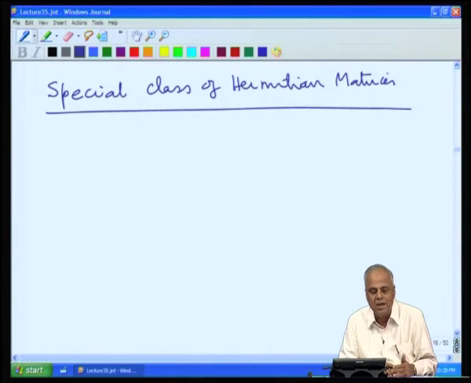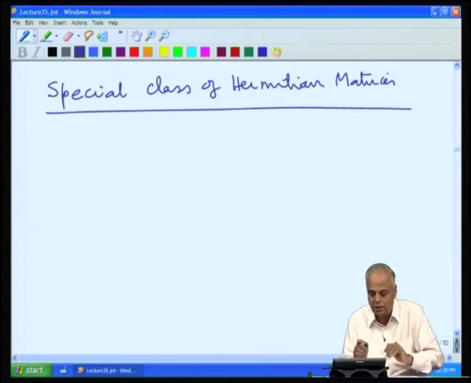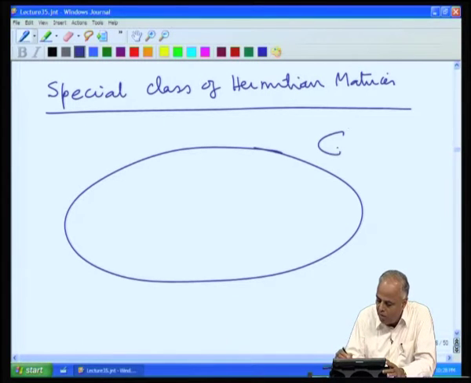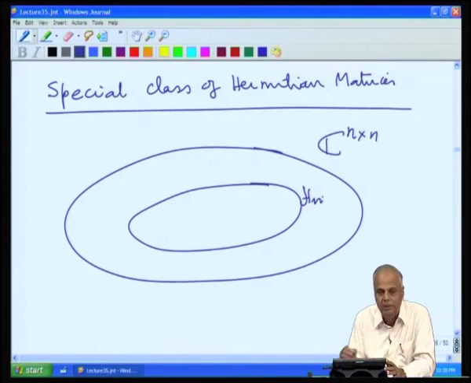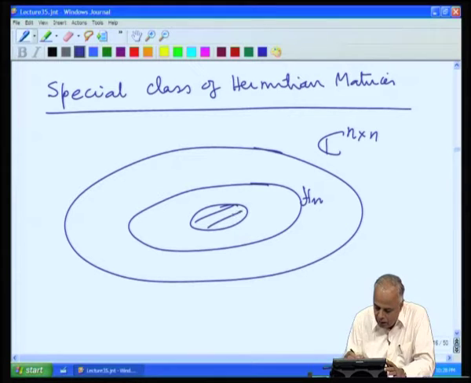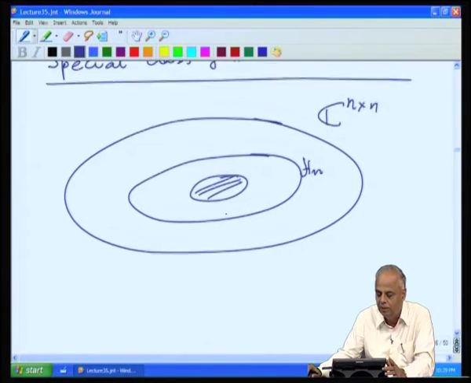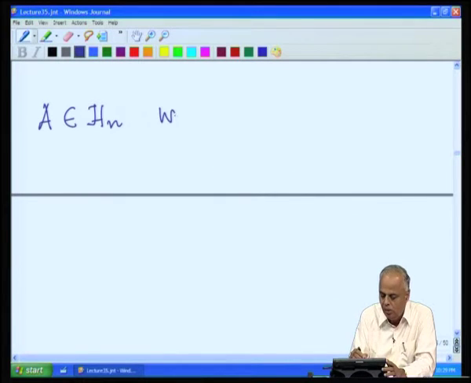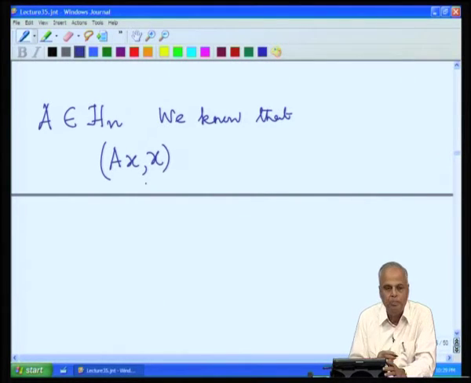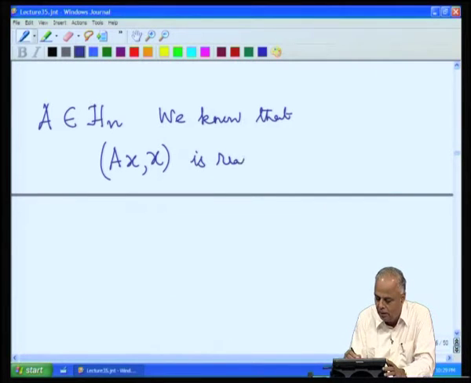Now, inside this Hermitian matrix class, we are going to look at a special class. So, we had first the collection of all n by n matrices. In that we had the H n, the Hermitian matrices. Now, we are going to look at a subclass of the Hermitian matrices. Now, suppose I take any Hermitian matrix, we know that one of the fundamental properties of Hermitian matrices is that A x comma x is real for every x in C n.